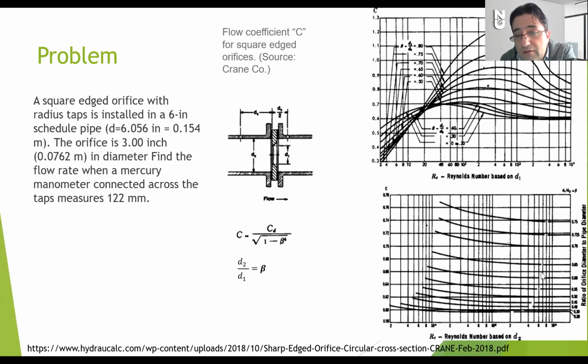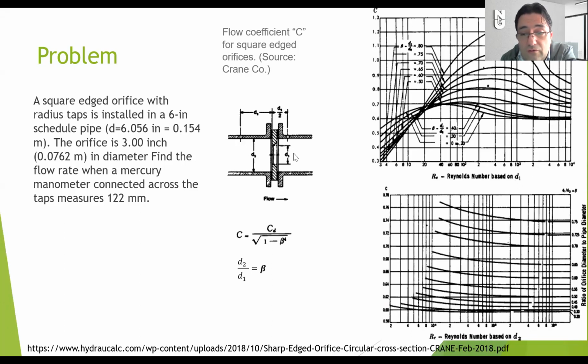And then from that curve, you can estimate the C value by using the Reynolds number. Alternatively, this is a much better graph and might be very easy, because the lines are quite smooth and almost linear. You can calculate the Reynolds number, but it is based on D2 here and based on D1 there, because we have different flows. This gives the values for D2, and this gives the values for D1.